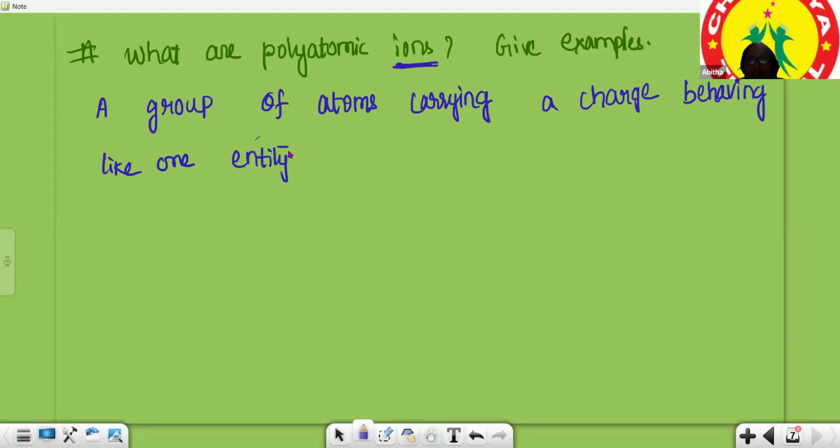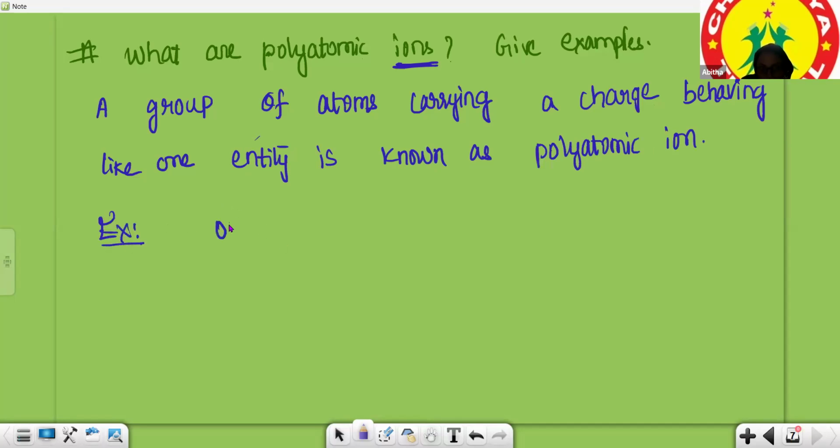So a group of atoms carrying a charge behaving like one entity is known as a polyatomic ion.